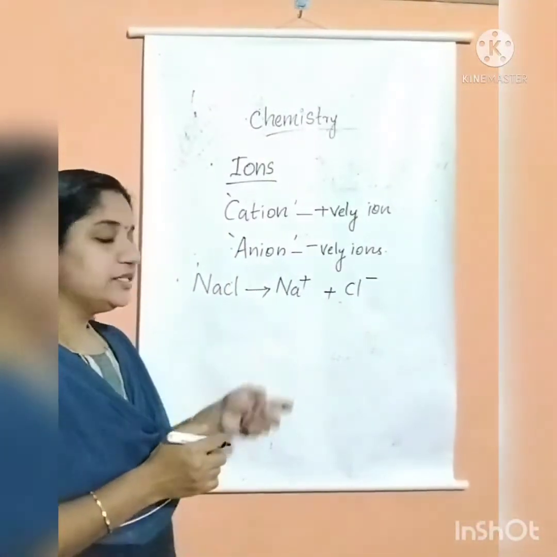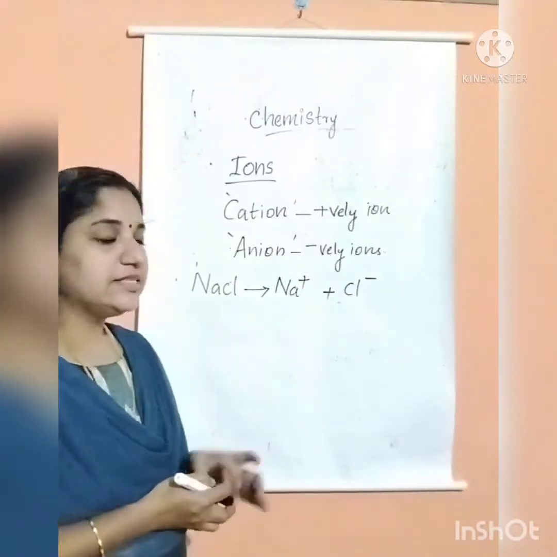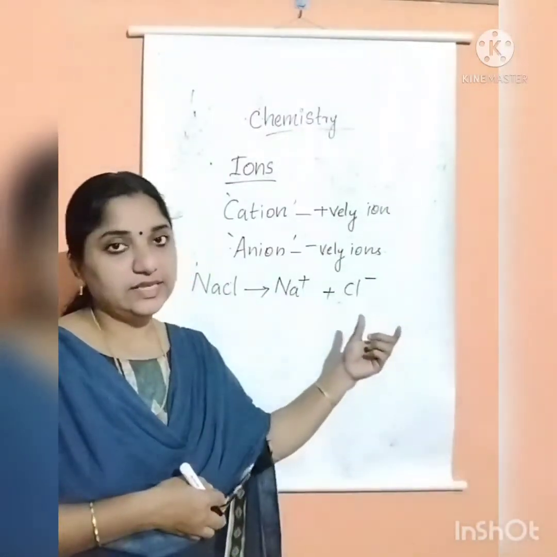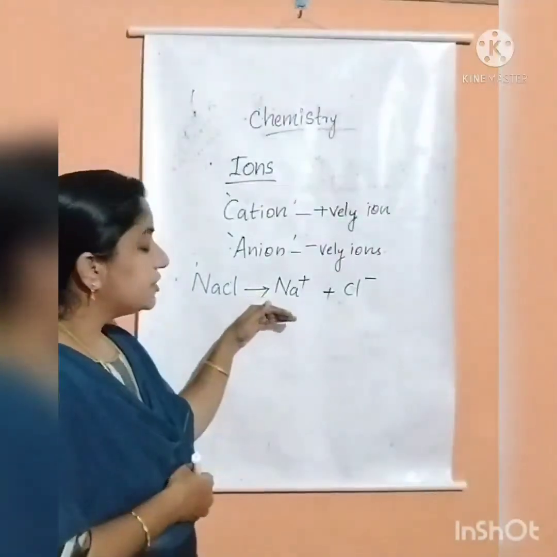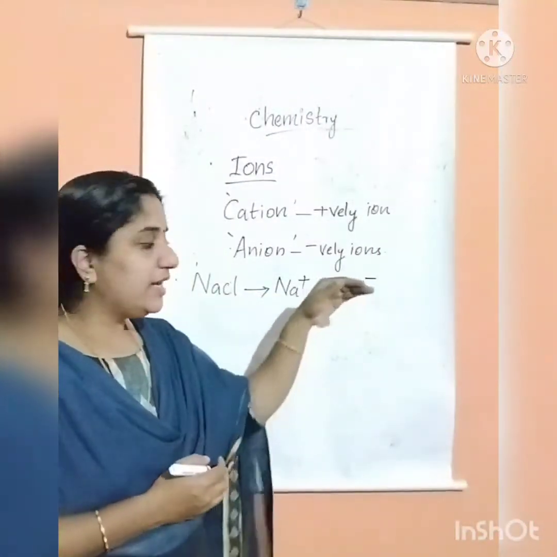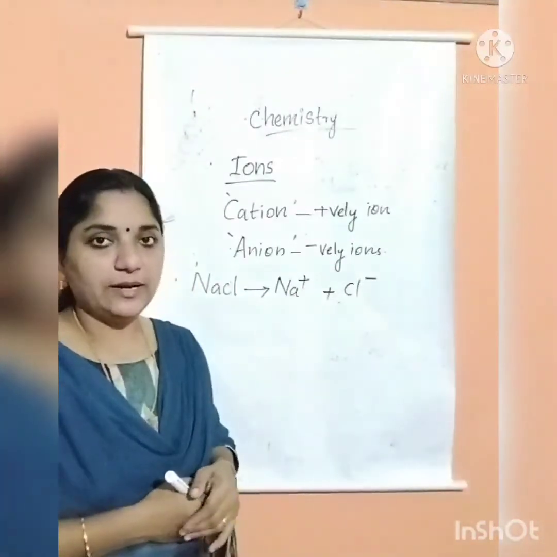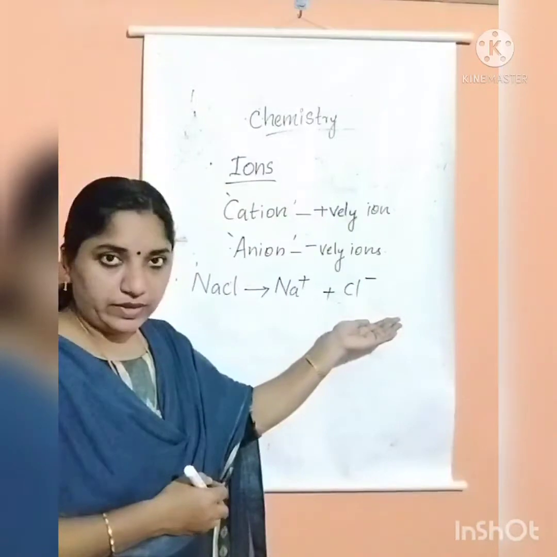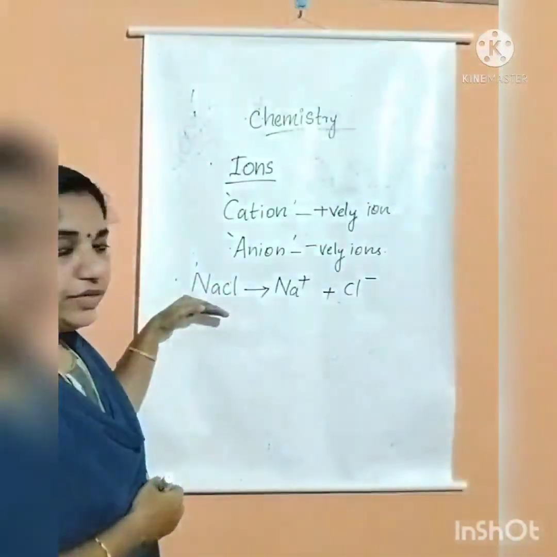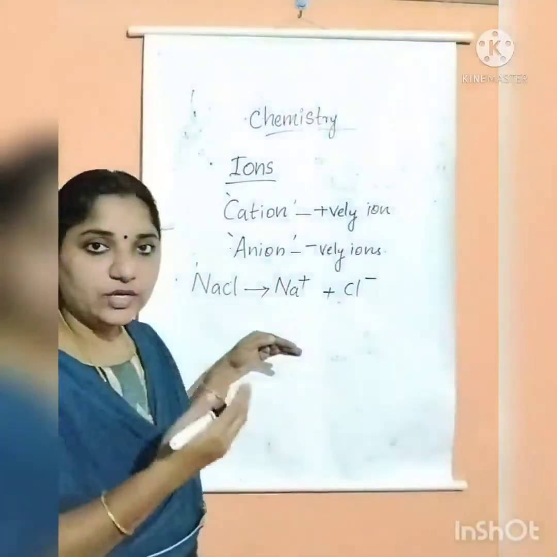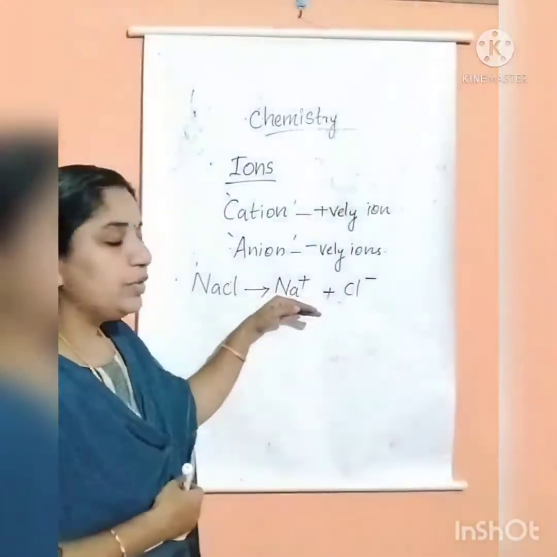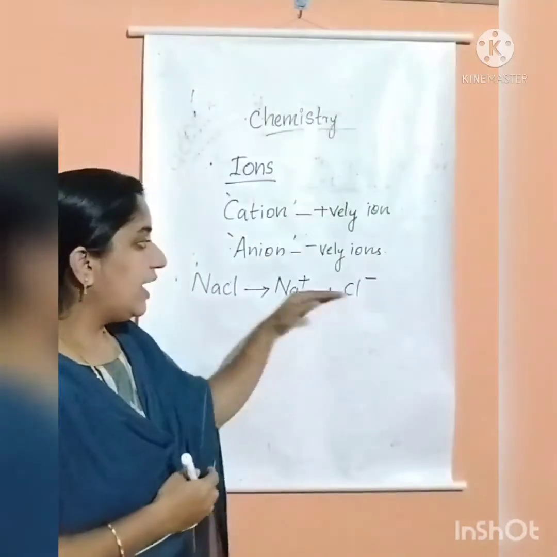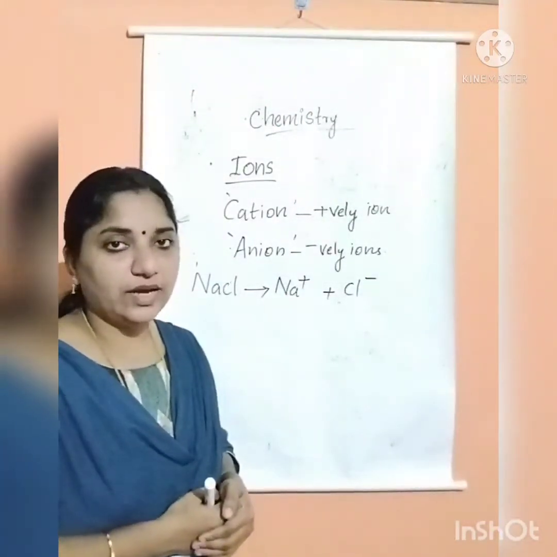Here you can see sodium is a positively charged species and chlorine is a negatively charged species. Sodium is a metal and chlorine is a non-metal. Sodium metal combined with chlorine non-metal to form sodium chloride. This is an ionic compound. Sodium is a positive ion and chlorine is a negative ion.